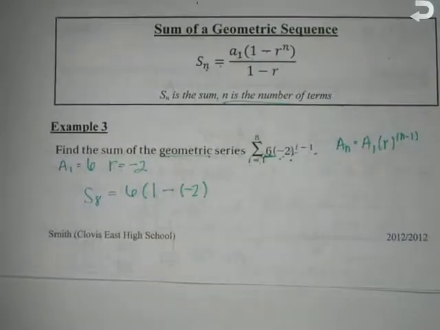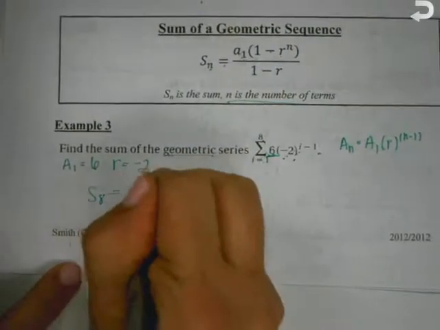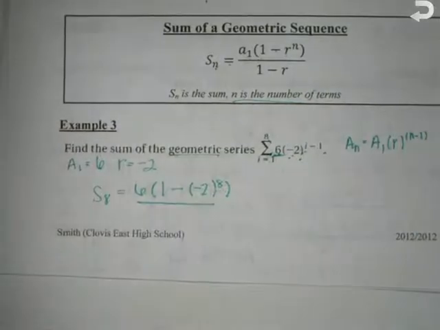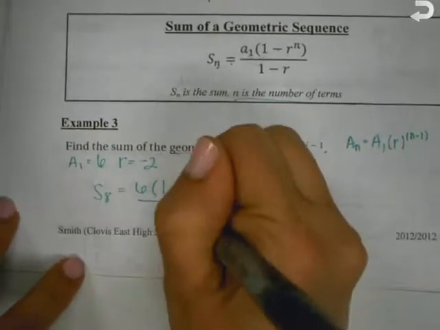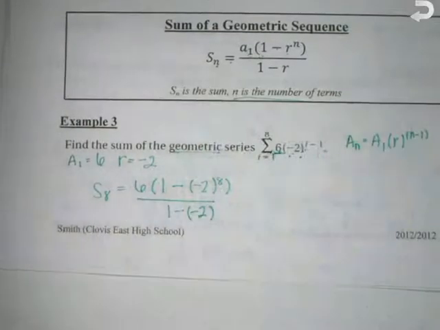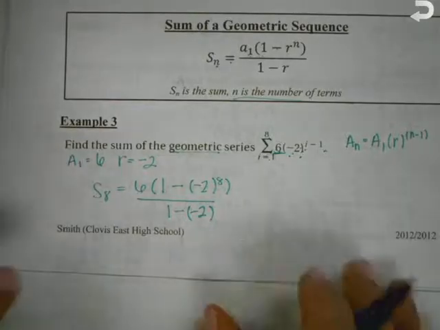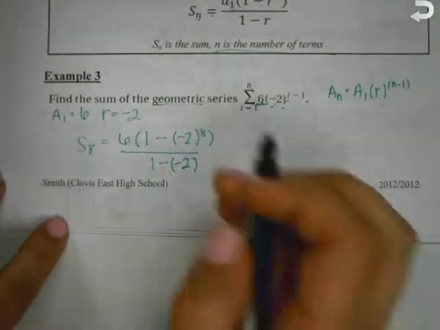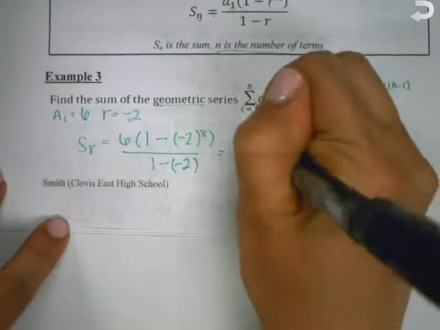So let's simplify this. 6 times 1 minus, what is negative 2 to the 8th? Positive 256. Over, if I have 1 minus negative 2, what happens there?